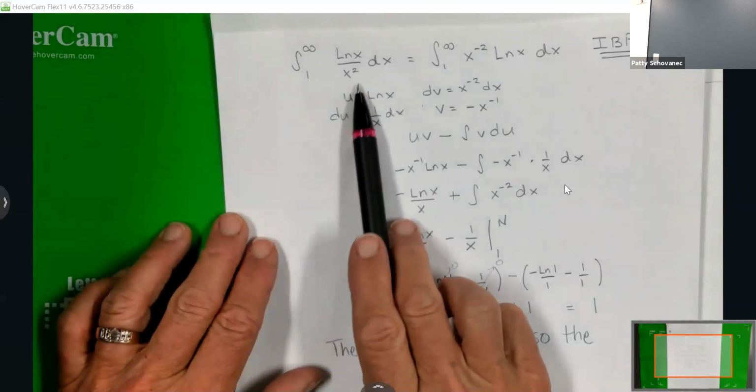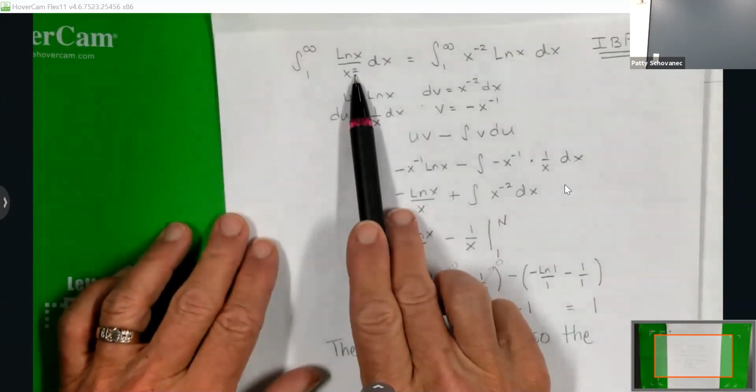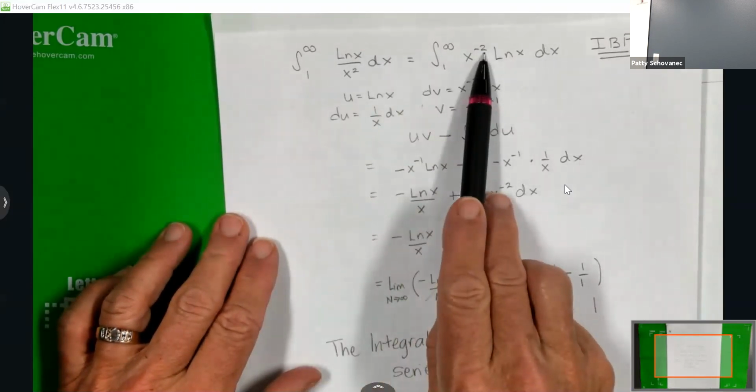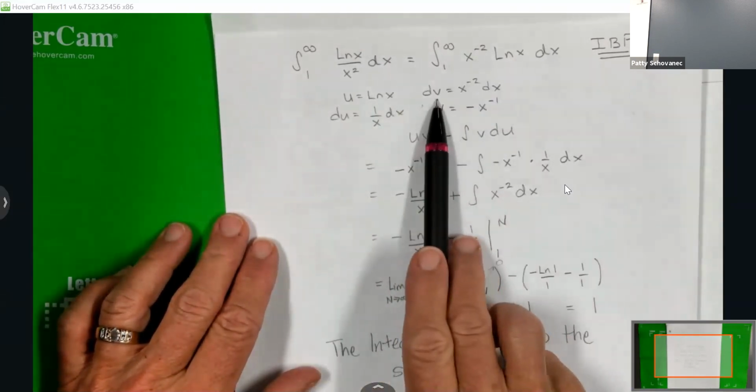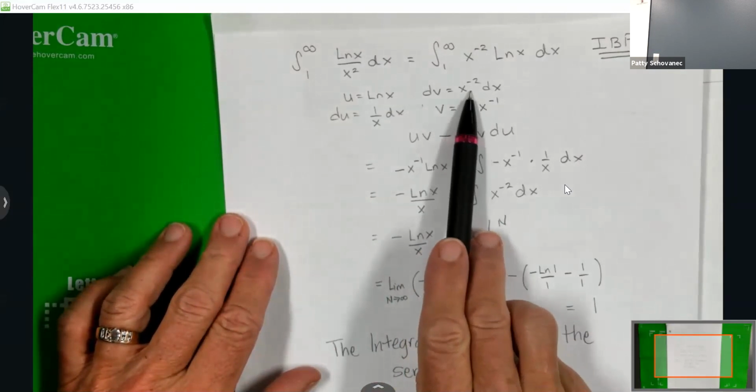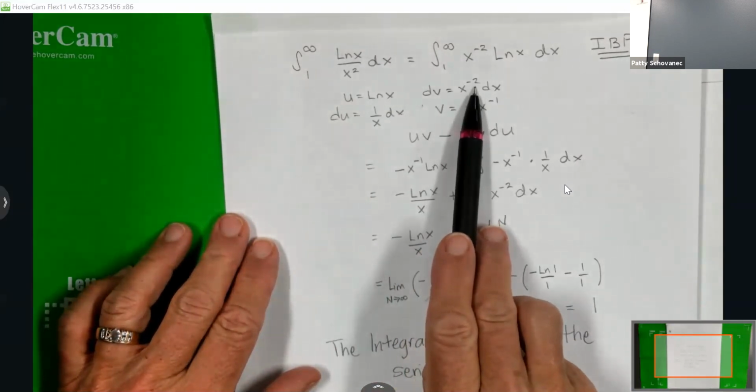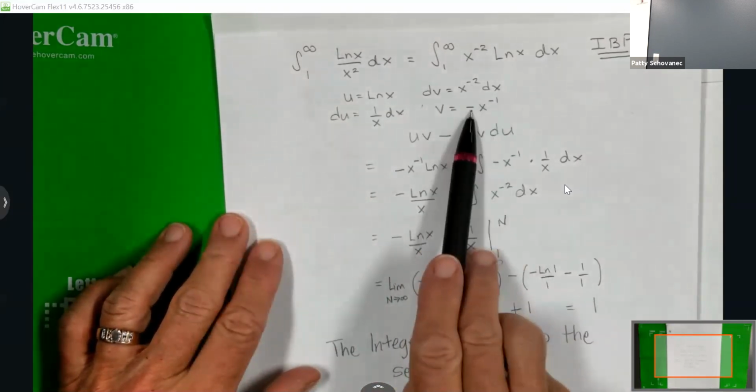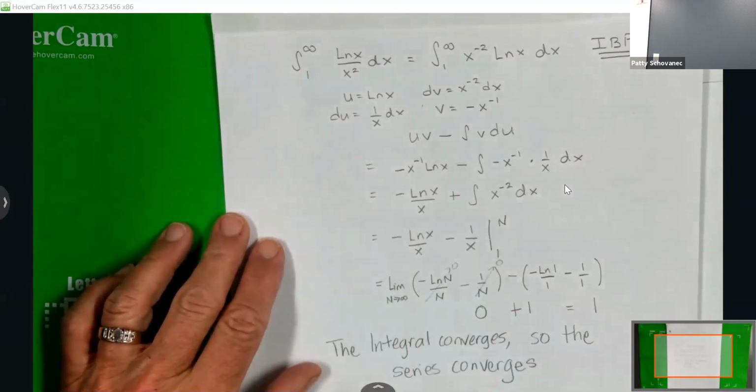And so if you put a q here, we would write that as a q to the negative 2. And then your dv would be your q minus 1 divided by the q minus 1.